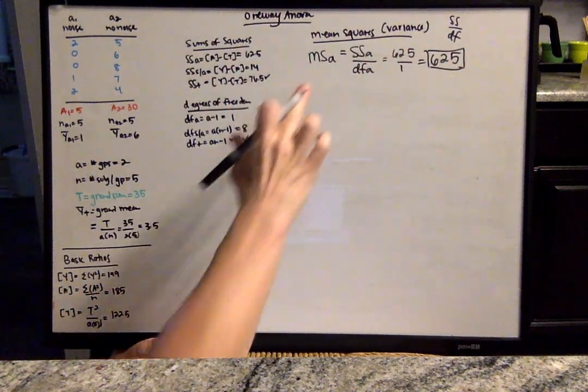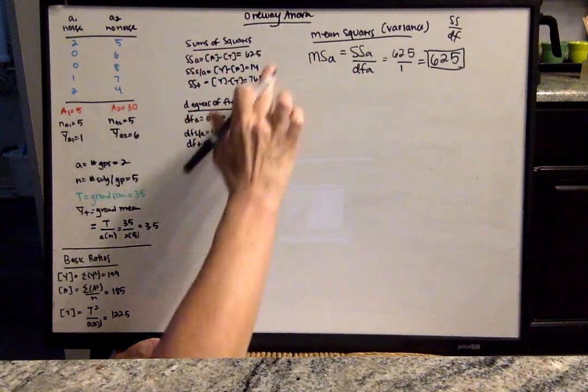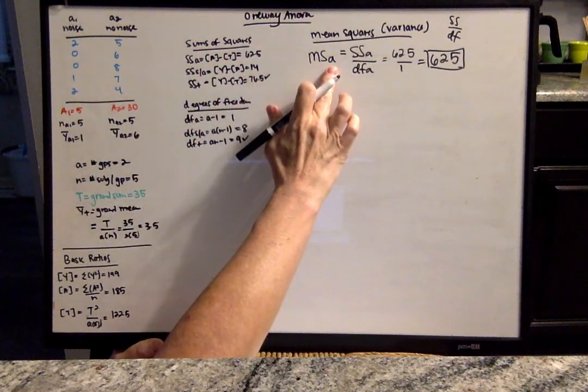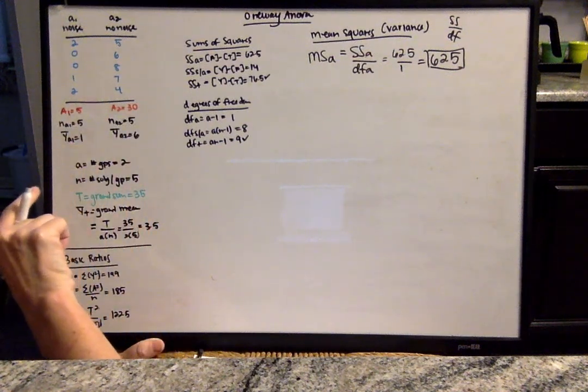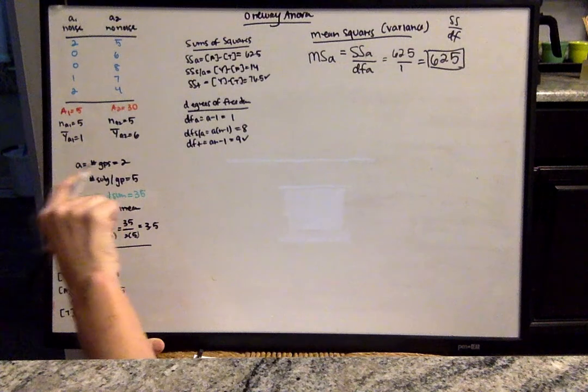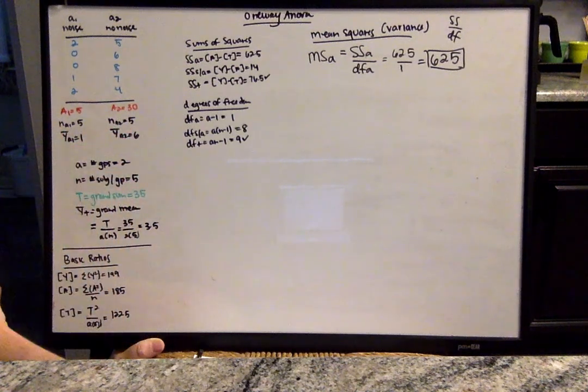And remember, everything with the A is referring to the between subjects, or between group, business. So A is where we're looking at the treatment effect plus error.